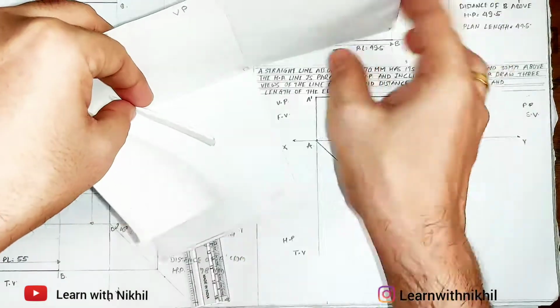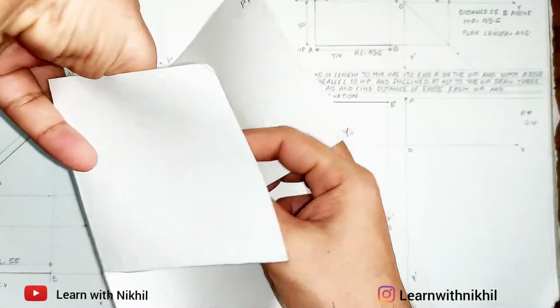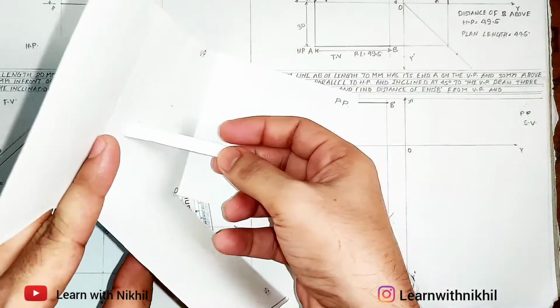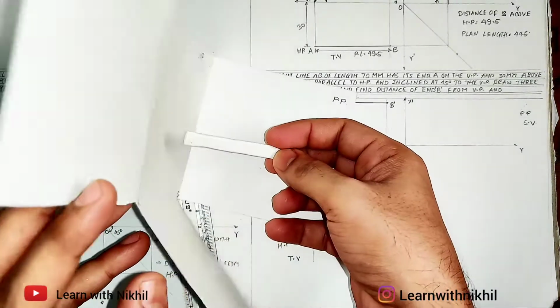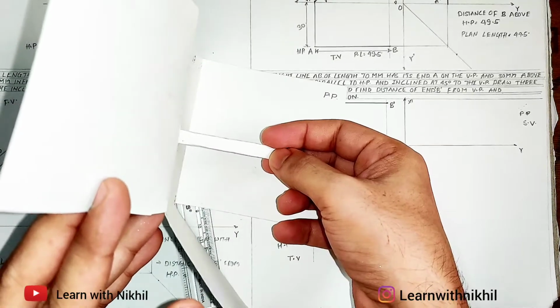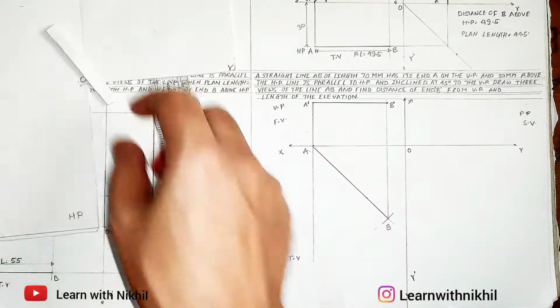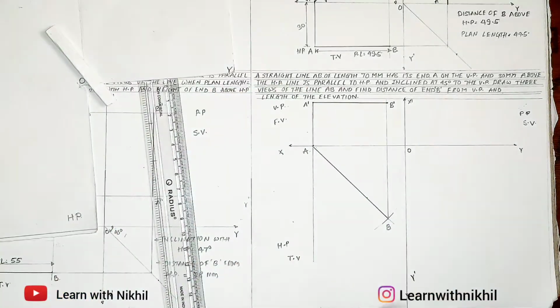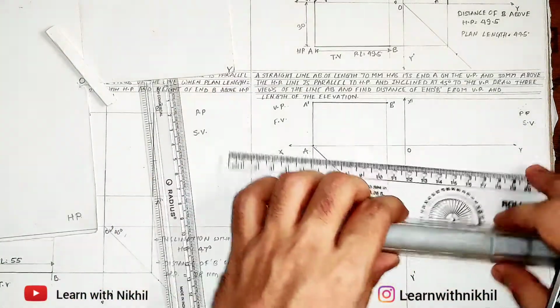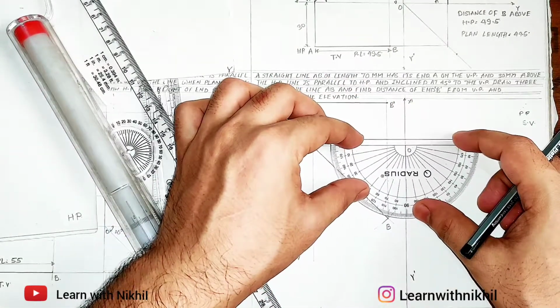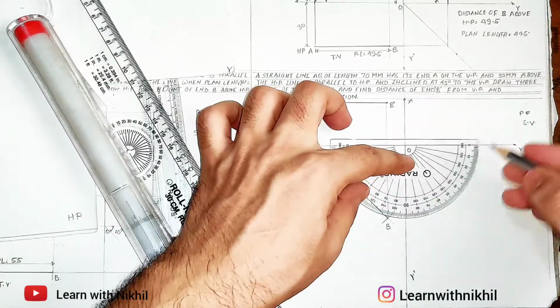For the side view, I'll just rotate this three-dimensional plane. So this is how the side view will be. It will again be a small line as it is slant in the side view also. So it will not be its actual length, it will be a small length of line. For the side view we are drawing an angle of 45 degrees.